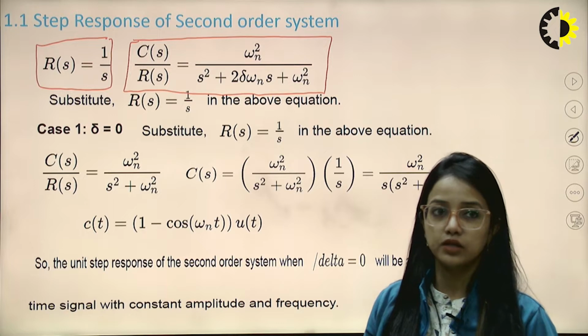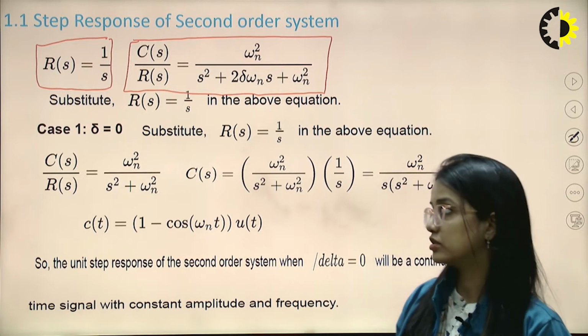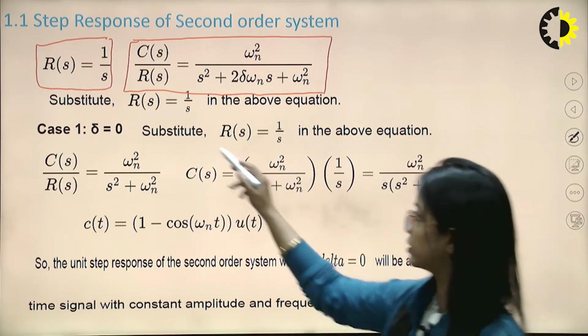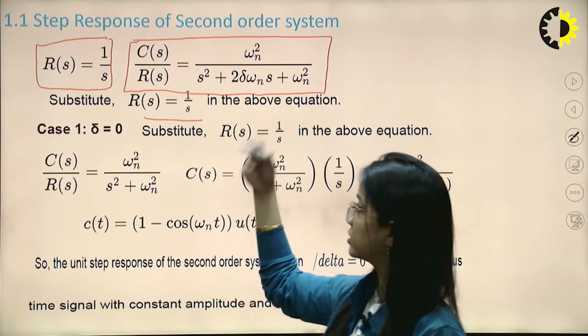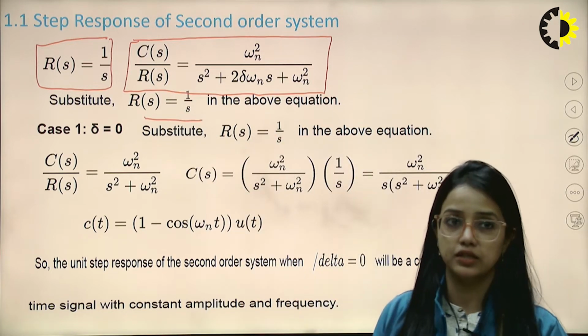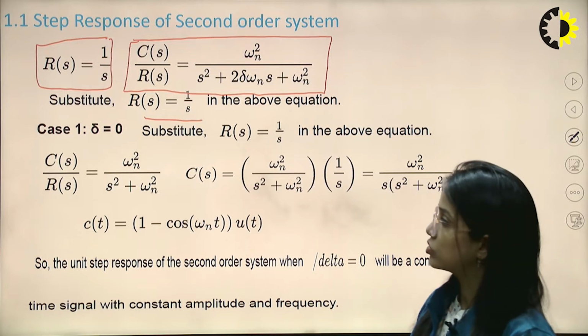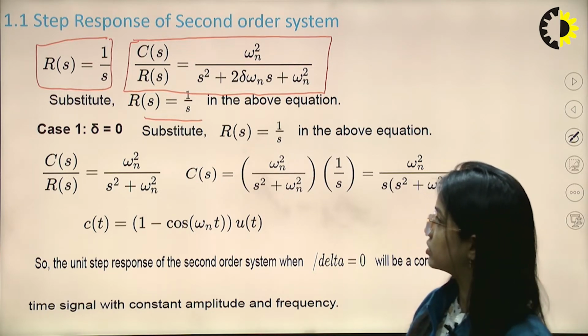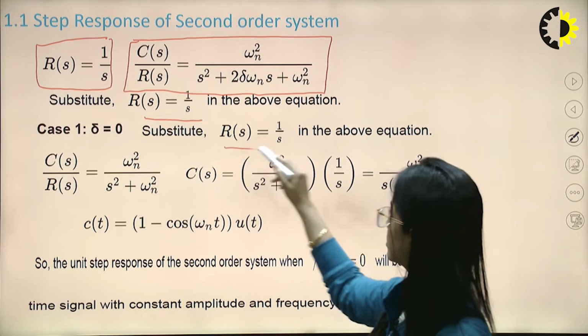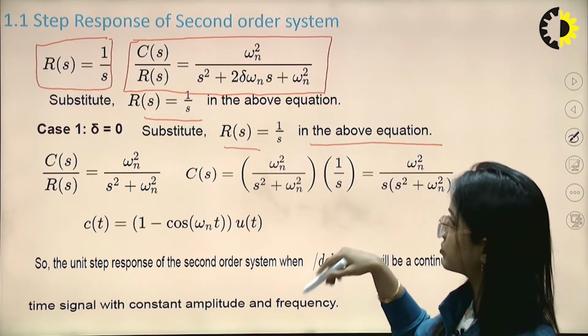So from here we can substitute the value of R(s) in the above equation, and then we can have the value of C(s). So let us substitute the value of R(s) in the above equation.